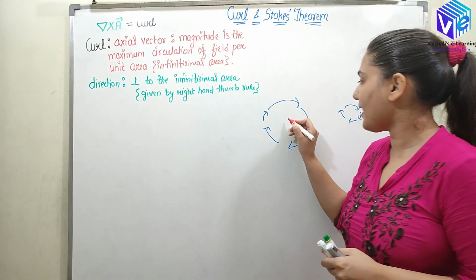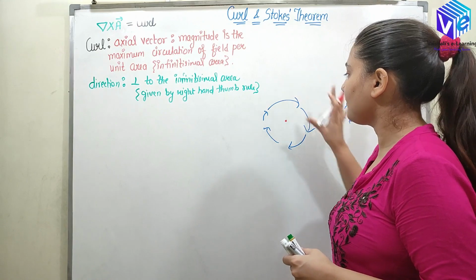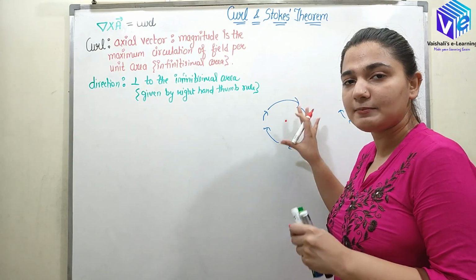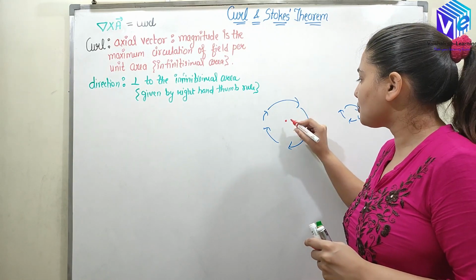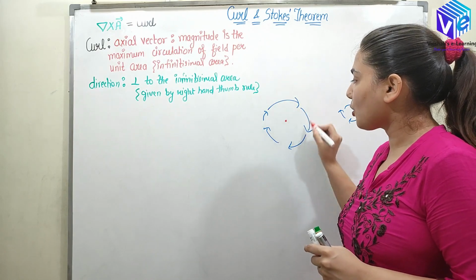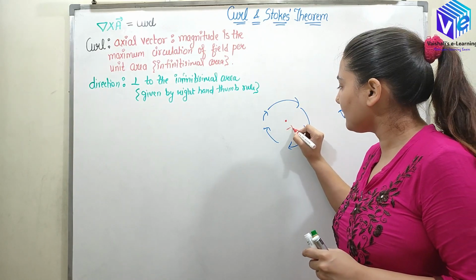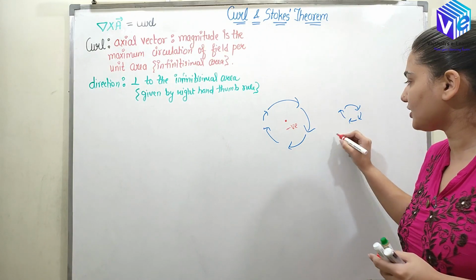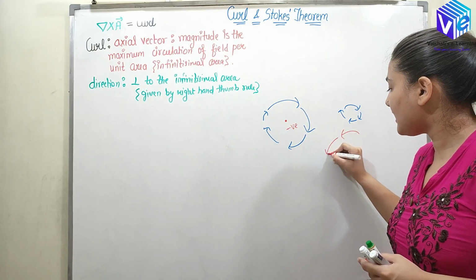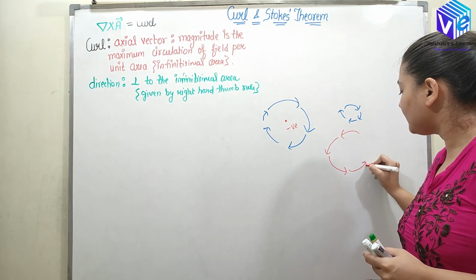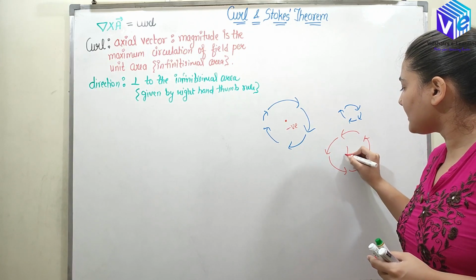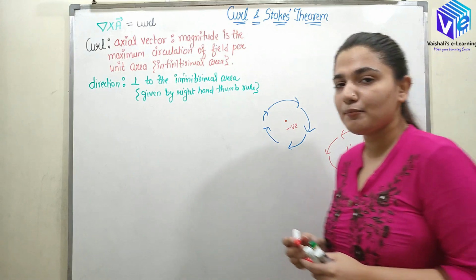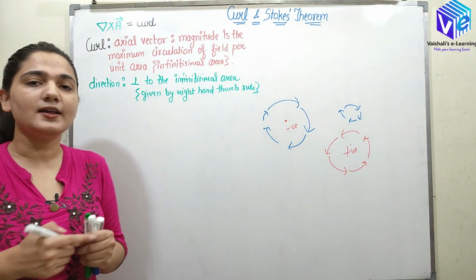So if this is my point and I give you the actual representation of the direction, if this is a clockwise direction of the field, then the output will be in the negative direction. If I have the same amount of field in the anti-clockwise direction at the same point, then the output will be positive.